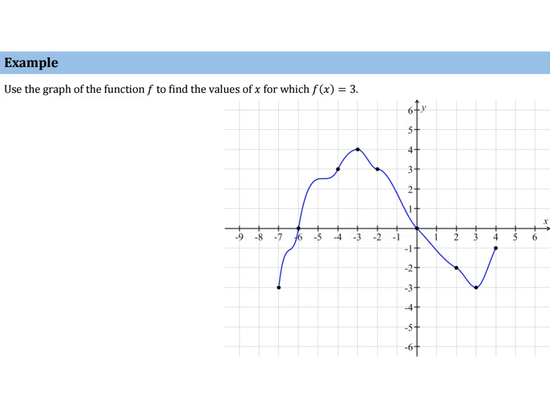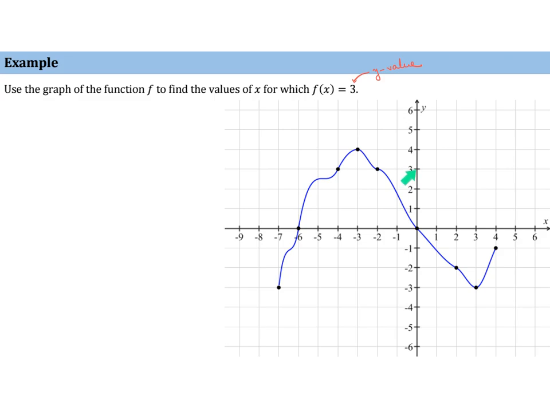Now let's look at the values of x where f of x equals 3. The first thing to do is decide something about 3. Is 3 an x value or a y value? Well, it's the output of our function. f is applied to x and the output is 3, so 3 is a y value. So we'll find 3 on the y-axis, and we'll say, how in the world did we get there?